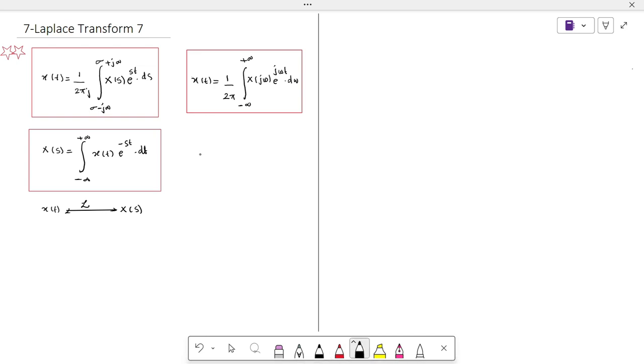So the Fourier transform, this is x of j omega equal to integral from minus infinity to plus infinity of x of t into e power minus j omega t into dt.